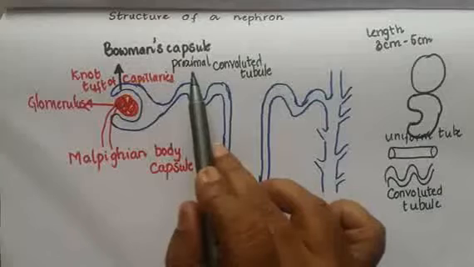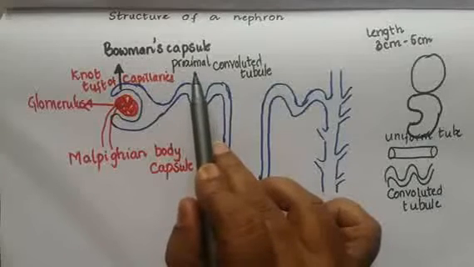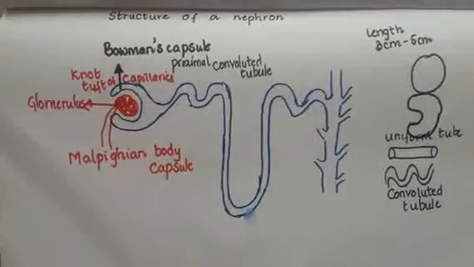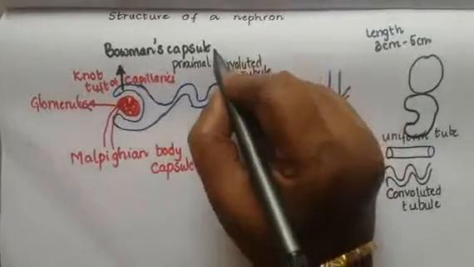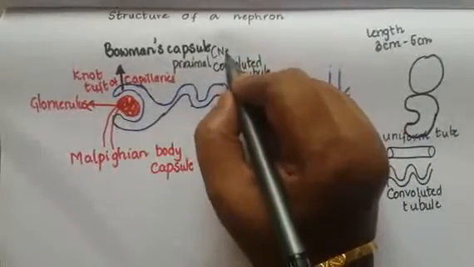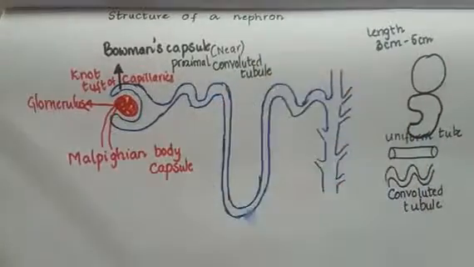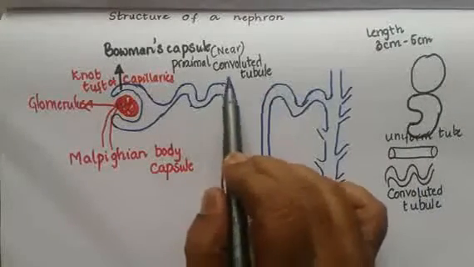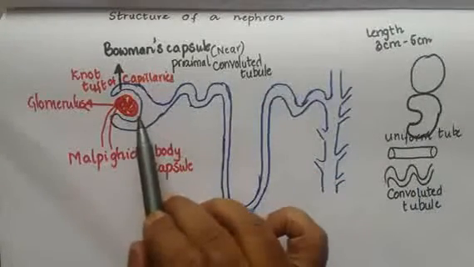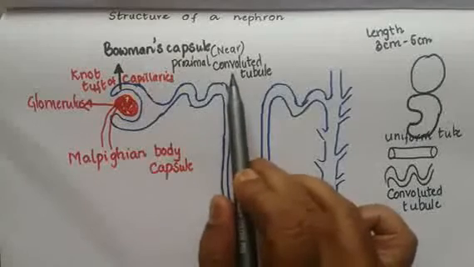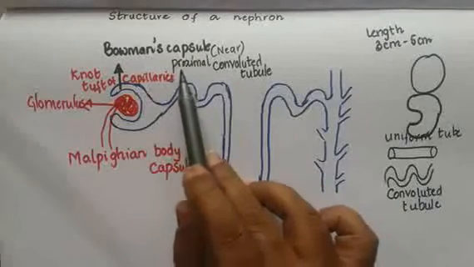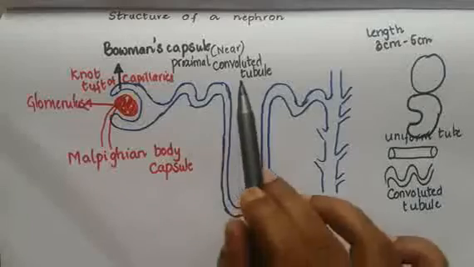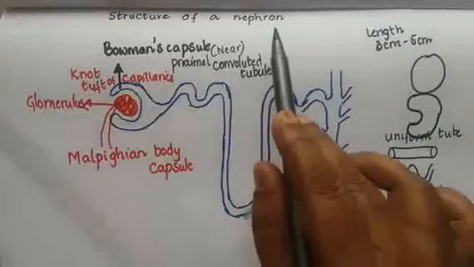What is the meaning of proximal? Proximal means proximity, that is something near. So this is the second part of the nephron.